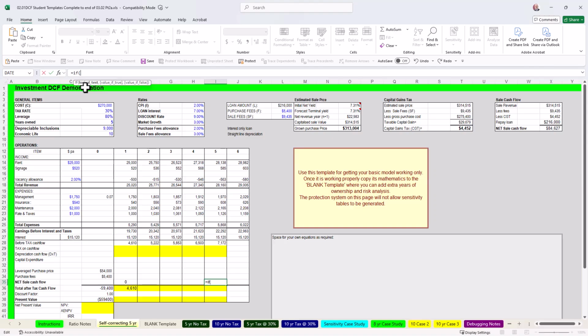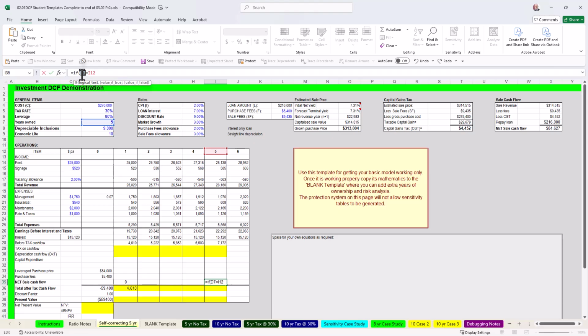And the logical test I want here is if the years owned is equal to the year I happen to be in. Now eventually I'm going to want to be able to spread this equation across this entire row, and so I want always to source the years owned from the same place. And so up here, what am I going to do?